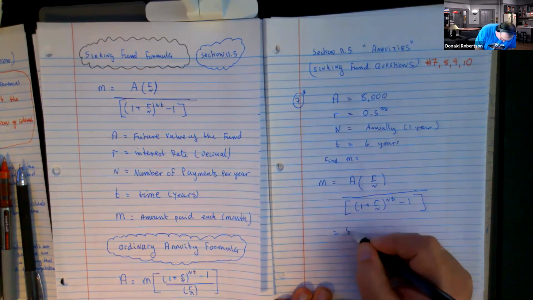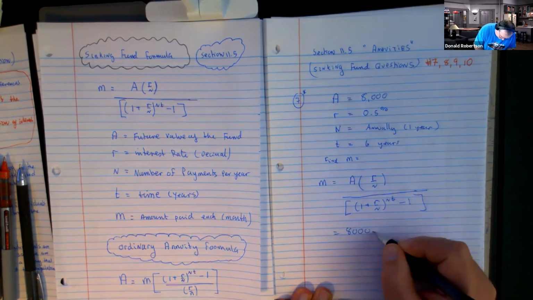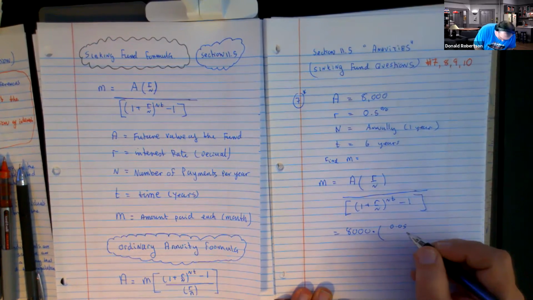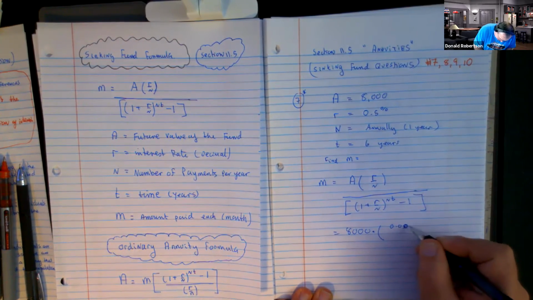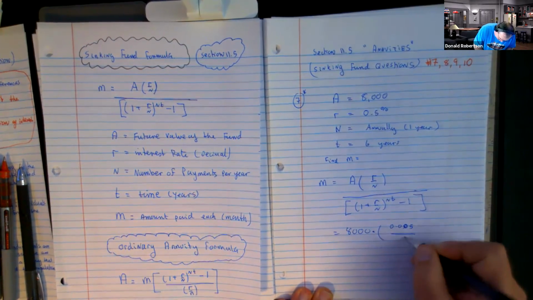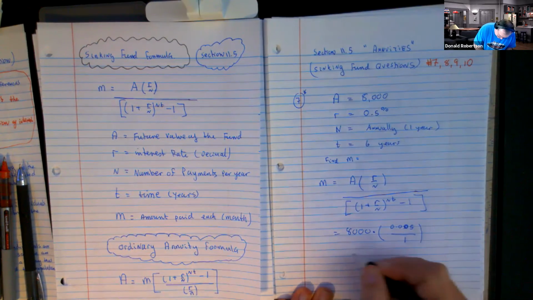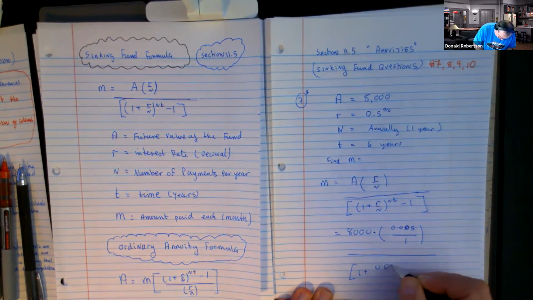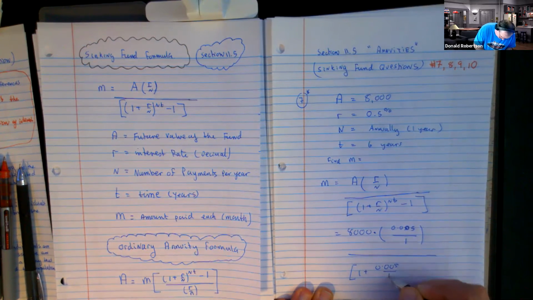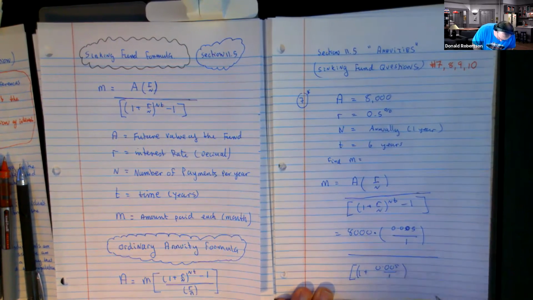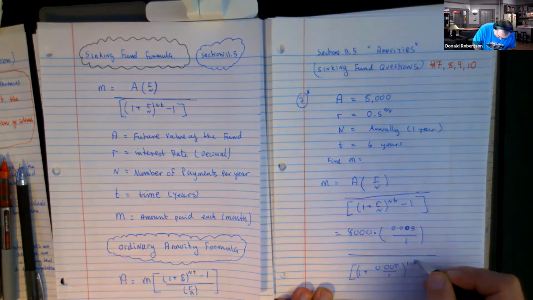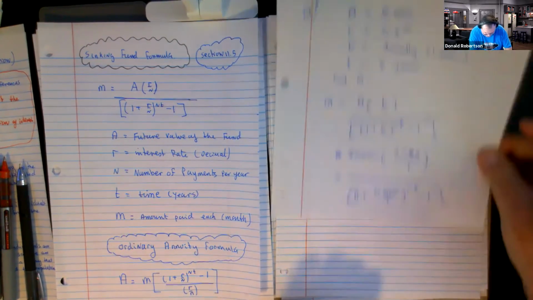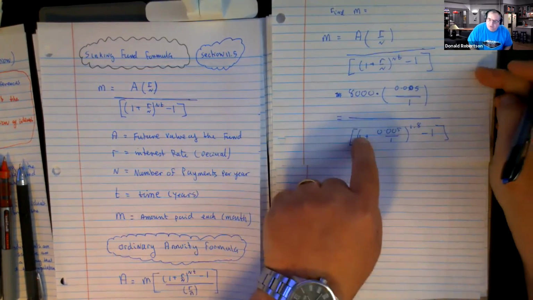It's going to be 8,000 times 0.005, that's 0.5%, divided by 1, all over 1 plus 0.005 over 1, raised to the power of 1 times 8, take away 1. That thing there is what we need.